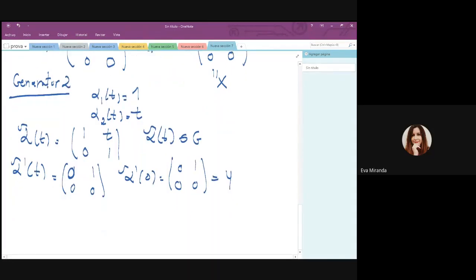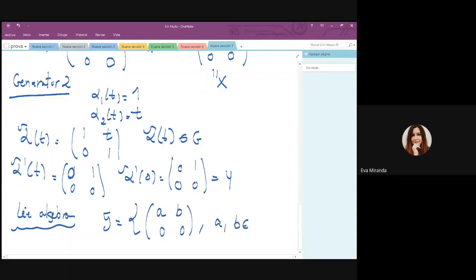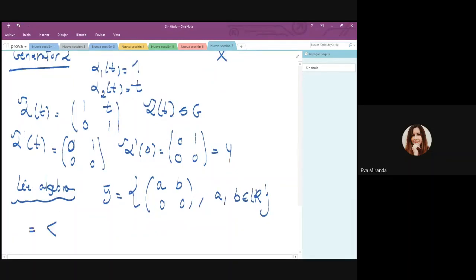So this Lie algebra, I may consider matrices of this sort. Okay, and this Lie algebra is generated by x and y above.